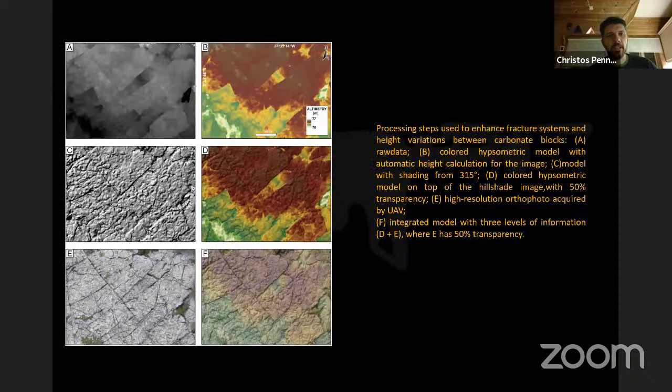Here there are some really nice images from their paper where they are showing the original data and how they worked, applying some hillshade techniques in order to make some terrain features pop out and be visible for them to perform their study and their final interpretation.